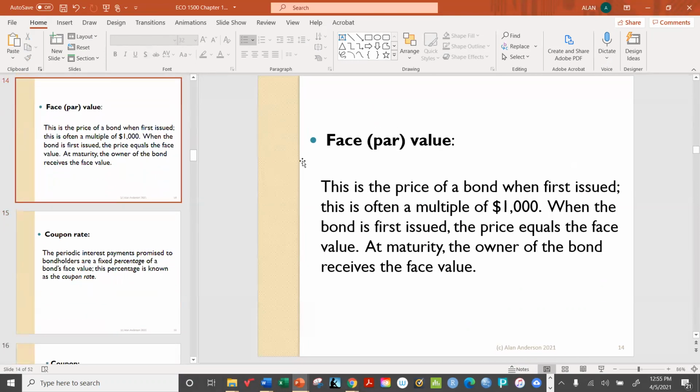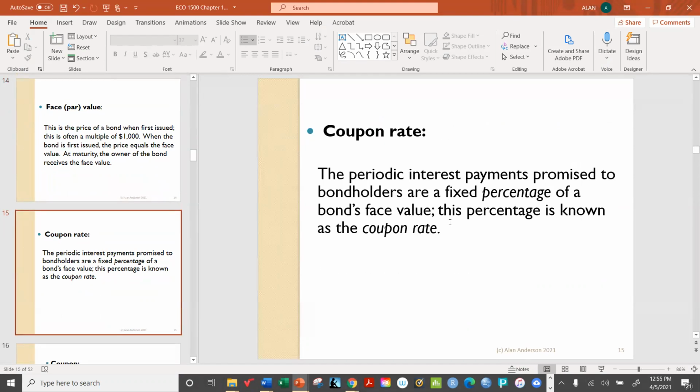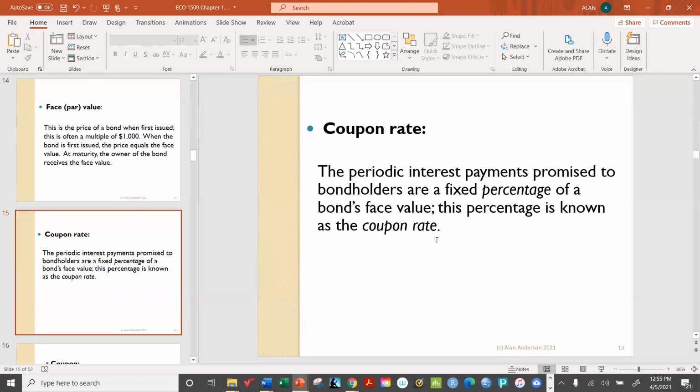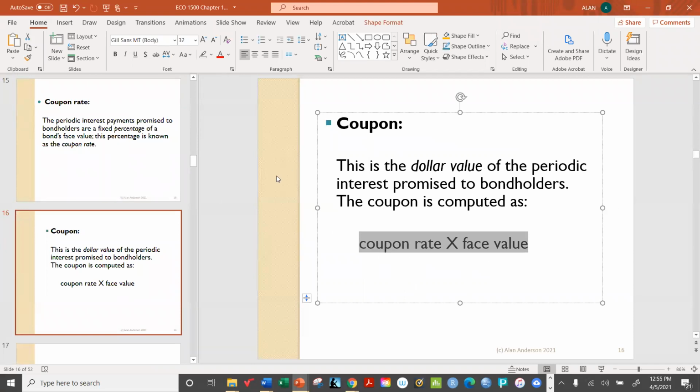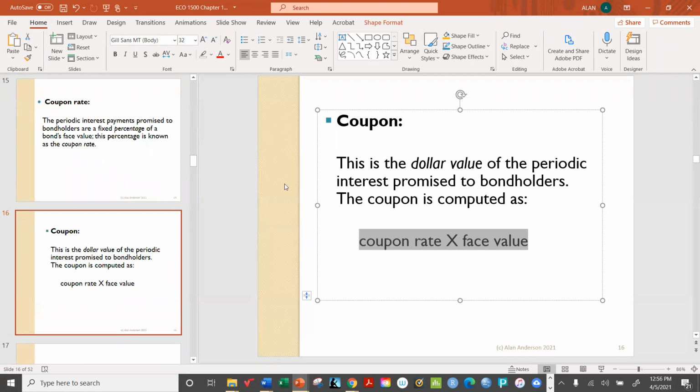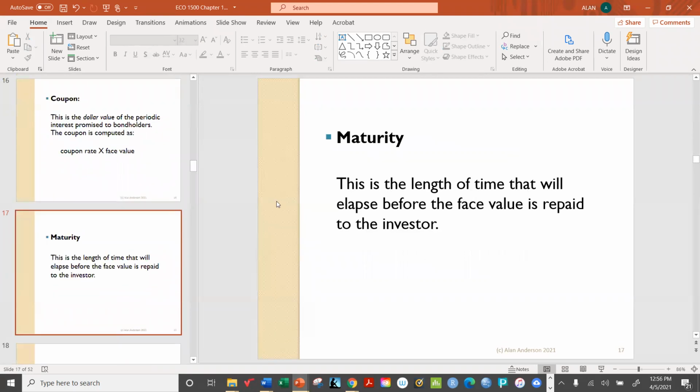A bond is characterized by the face value that you pay for it when it's first issued, and the coupon rate, the percentage that you earn every year. The coupon is the dollar amount that you're entitled to receive, often either once or twice a year, depending on the country that you're in, usually twice a year in the United States. The maturity is how long it will take before they repay your principal.